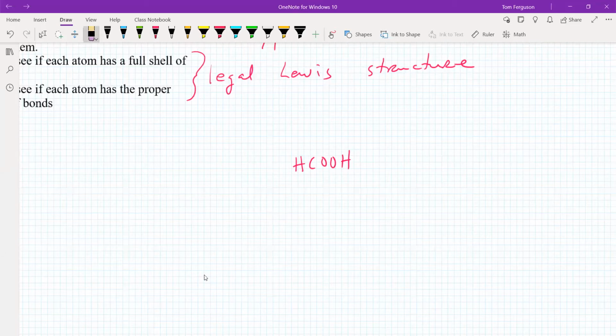That's what formic acid looks like. These are the same formula: 2 oxygens, 2 hydrogens, 2 oxygens, 2 hydrogens. Both of those are legal formulas for formic acid.